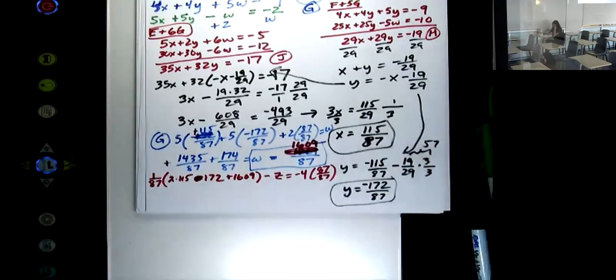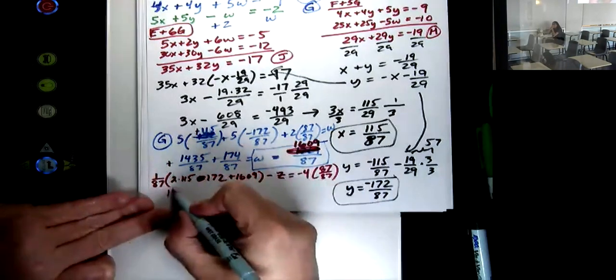So let's see, what does that all add up to? Plus 2 times 115. Make it clear. 2 times 115 equals 230, minus 172 is 58, plus 1609 is 1667.